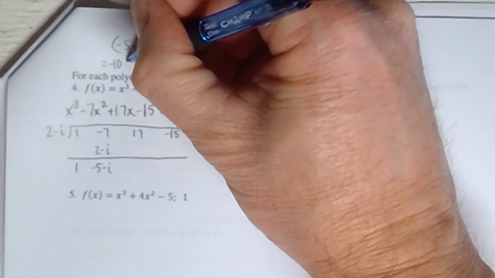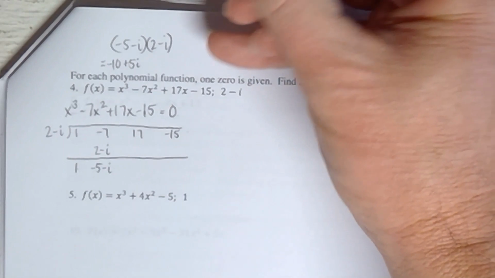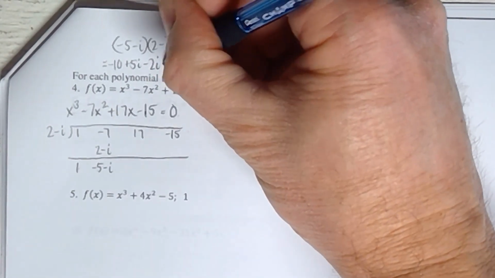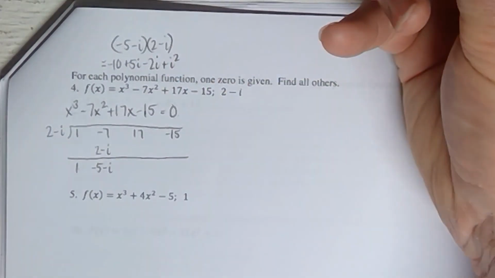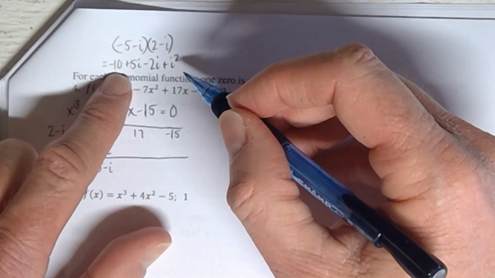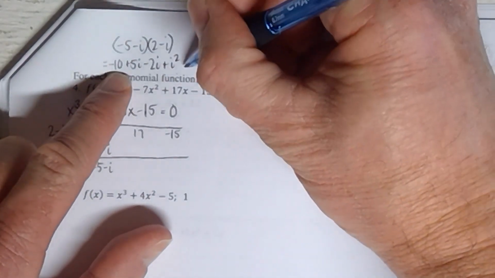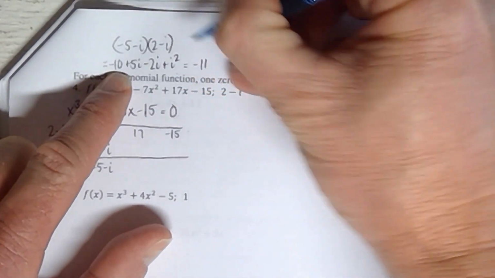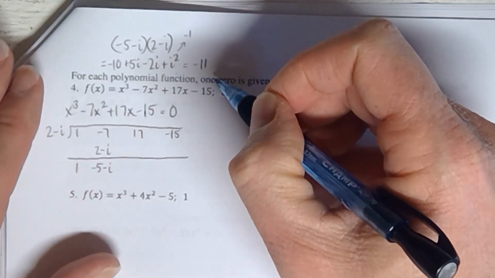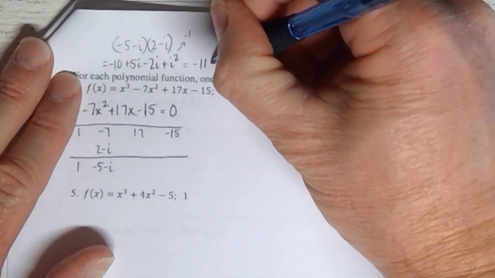Multiplying this out, I get -10 plus 5i minus 2i plus i squared, but we know that i squared is -1. So negative 10 and negative 1 when I combine like terms is going to be negative 11, then plus 3i.